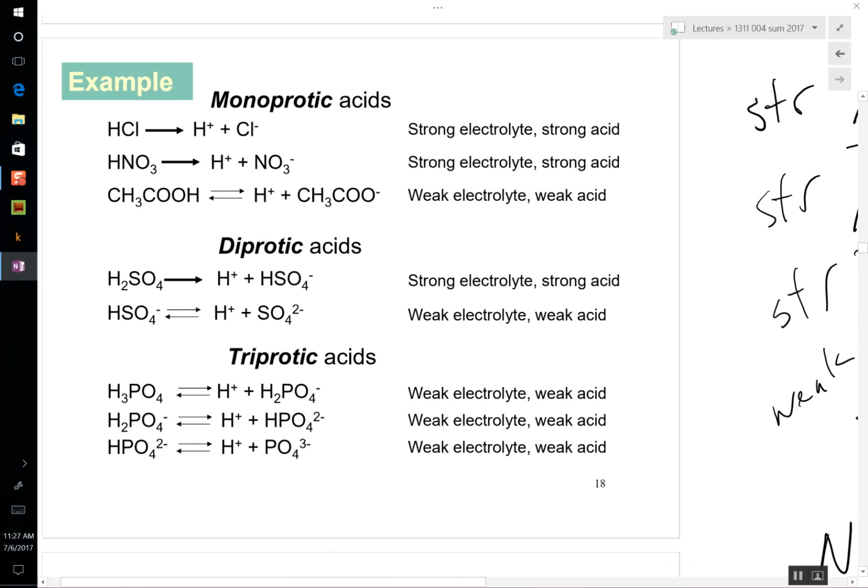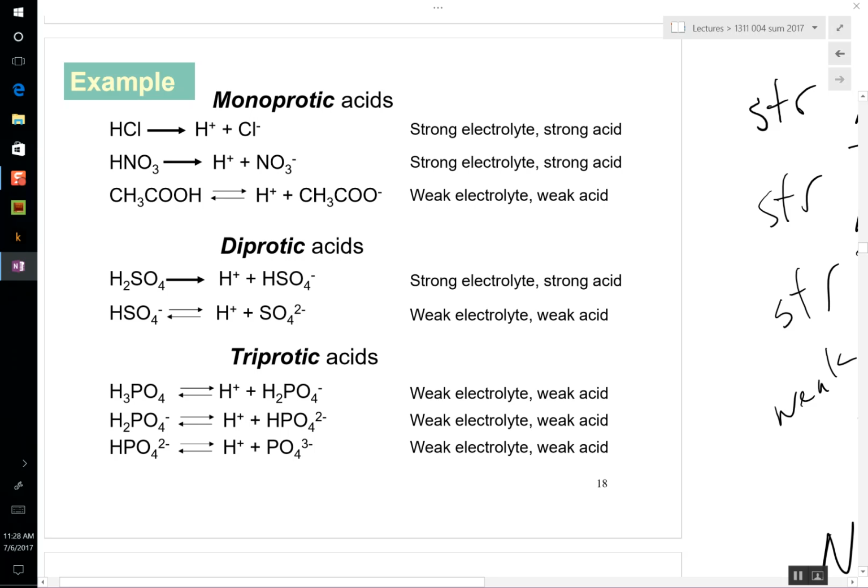So what do we got over here? A bunch of those acids I just showed you, hydrochloric, nitric, and acetic, are monoprotic acids. They give off one proton.